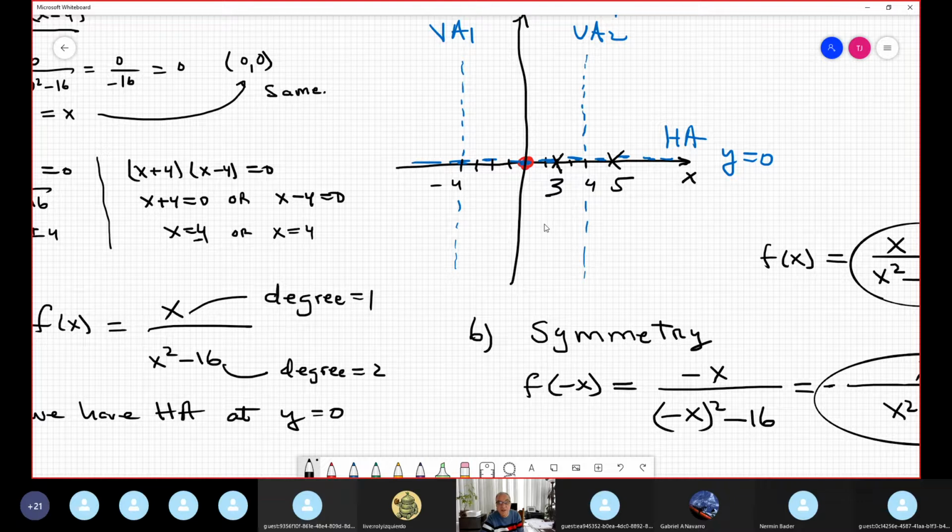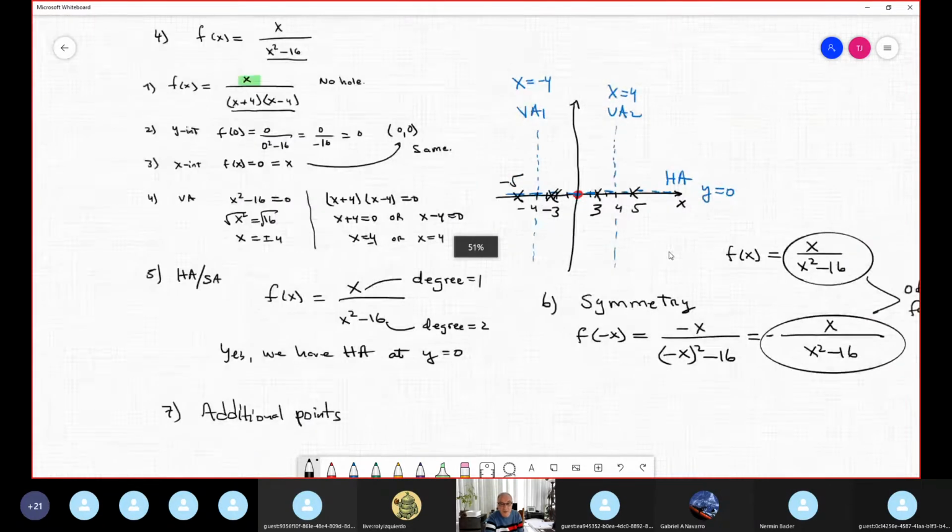Automatically, when you take 3 and 5, I know the answer for negative 3 and negative 5, because I take advantage that my function is an odd function.